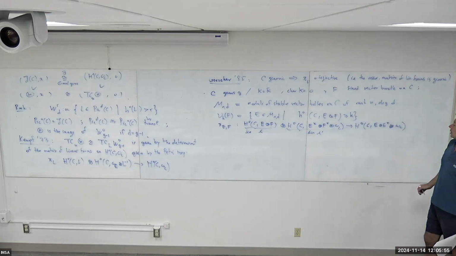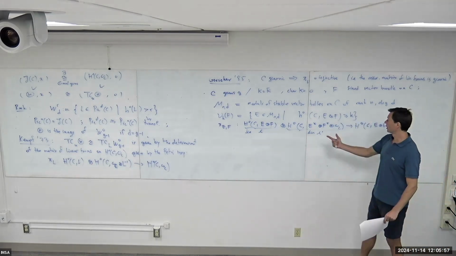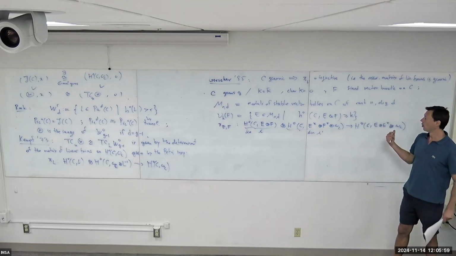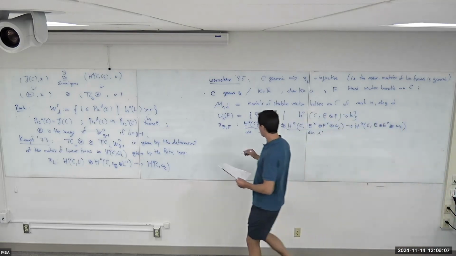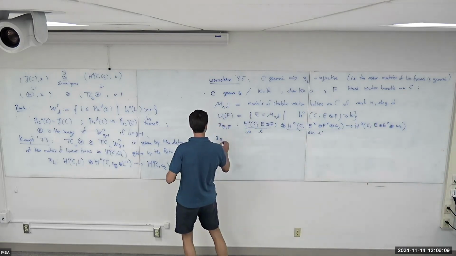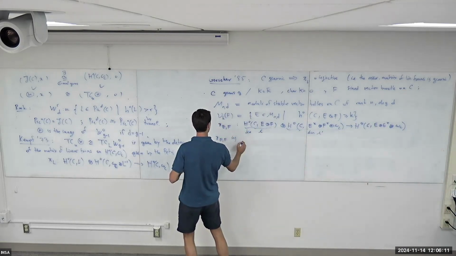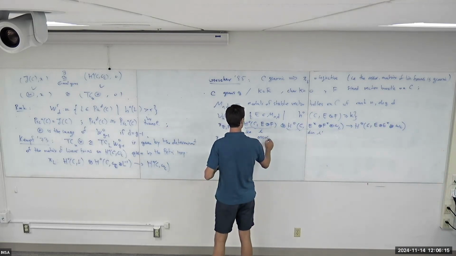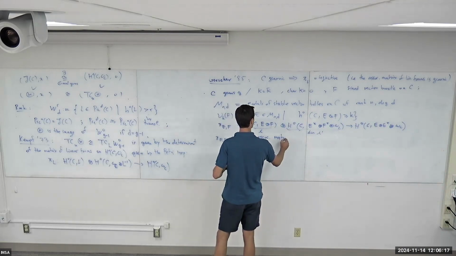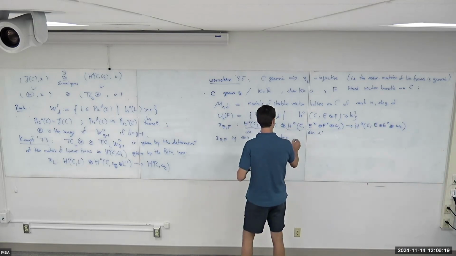And again, you can either view this as a linear map or you can view it as a matrix of linear forms on the dual of this vector space. And if you do that, then the injectivity of the Petri map is equivalent to the associated matrix of linear forms being generic.